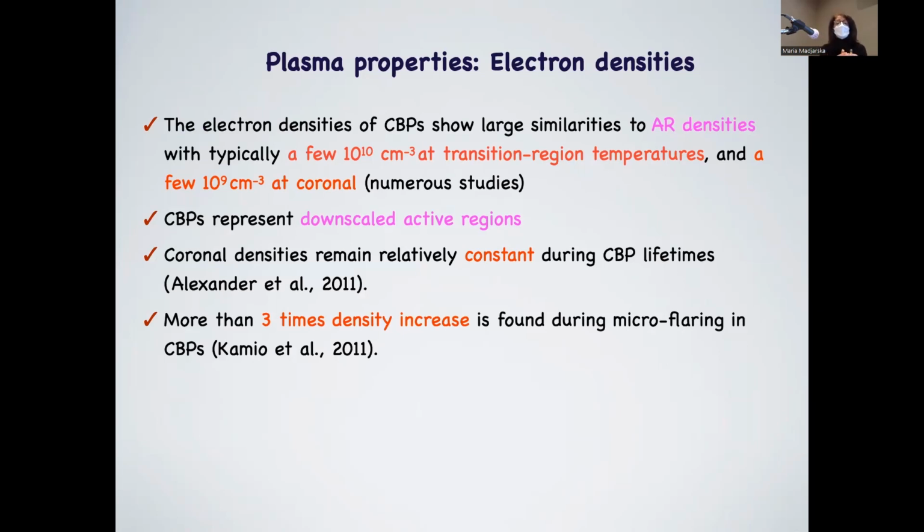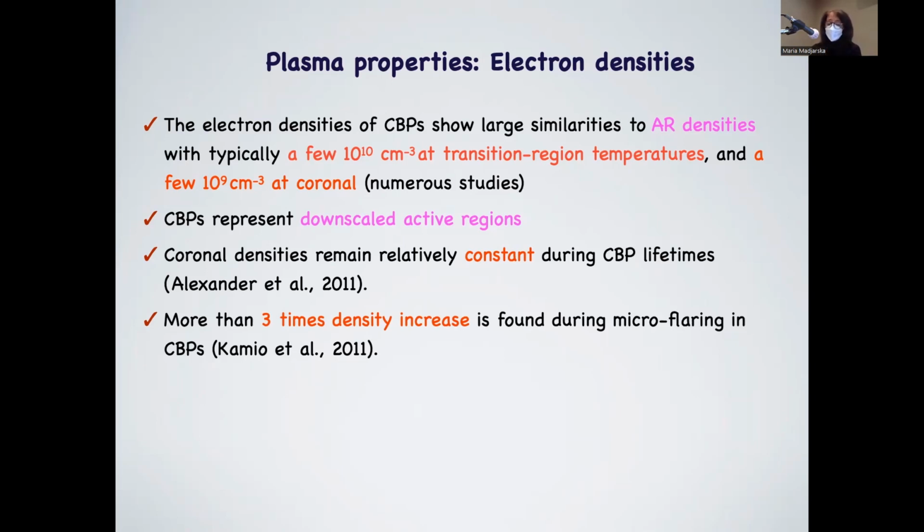So the conclusion is that these small loop systems are actually downscaled active regions. So the sun is covered with tiny active regions, and it is believed that these active regions are created from a local dynamo. The coronal density remained relatively stable during the lifetime of coronal bright points, but when flares occur, it can increase up to 3 times.